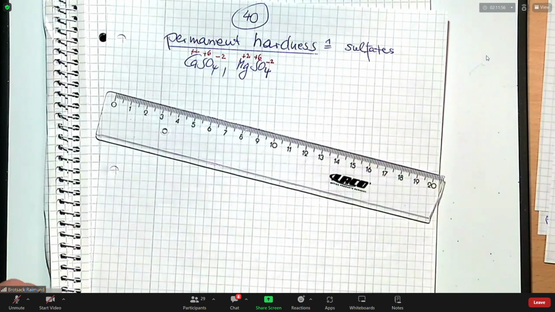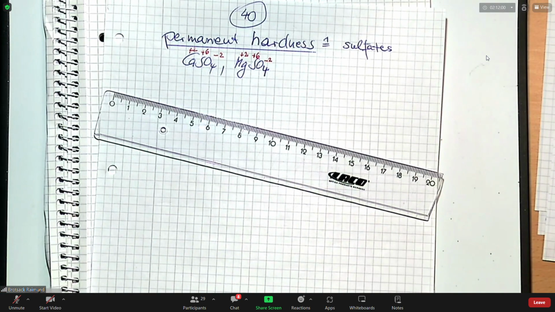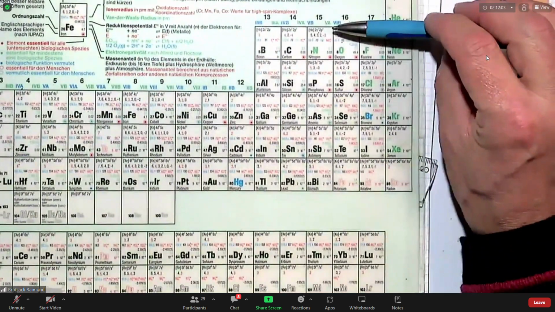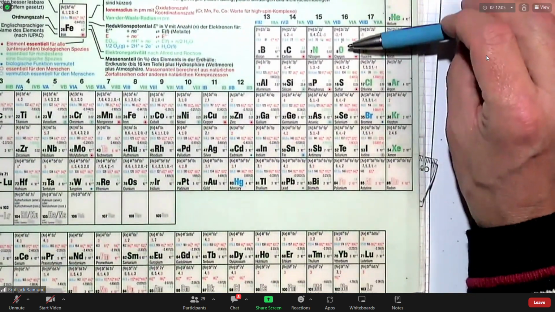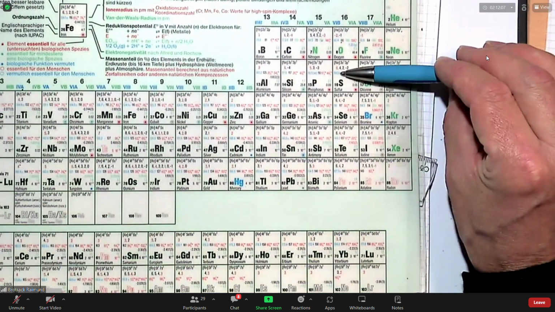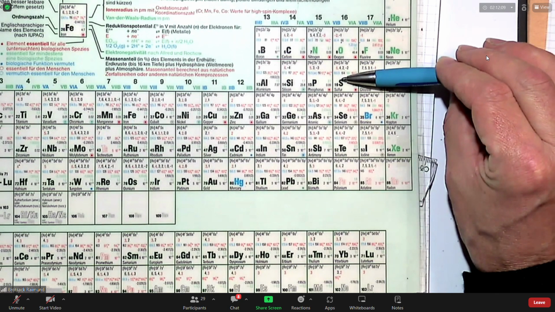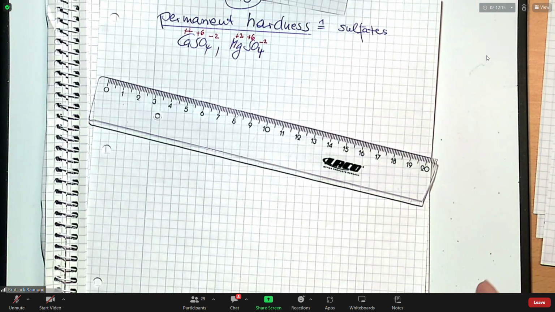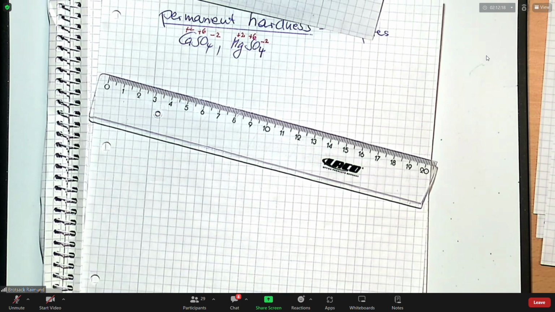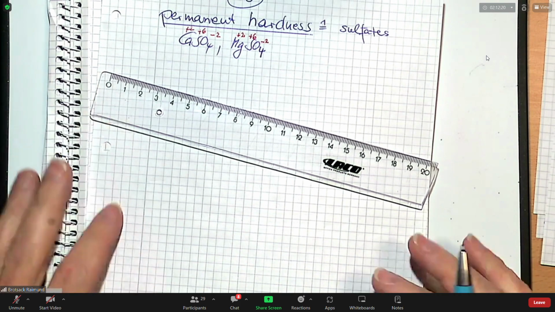That is even the highest oxidation number for sulfur, because sulfur is in the 6th group. The maximum for the oxidation number is +6. That is all repeating training of what we already learned in a few lectures before.